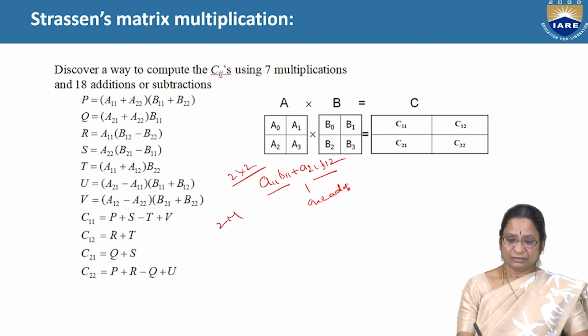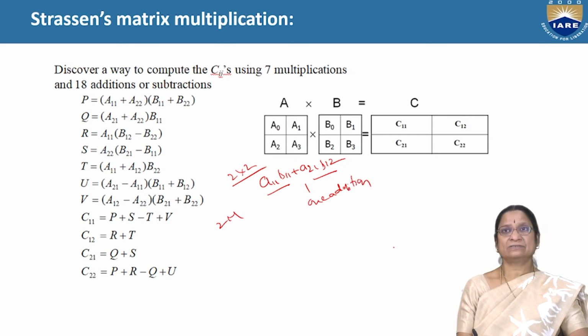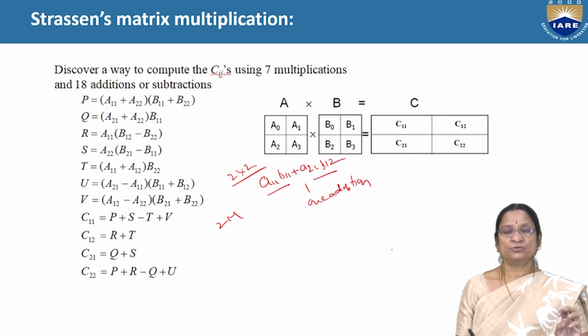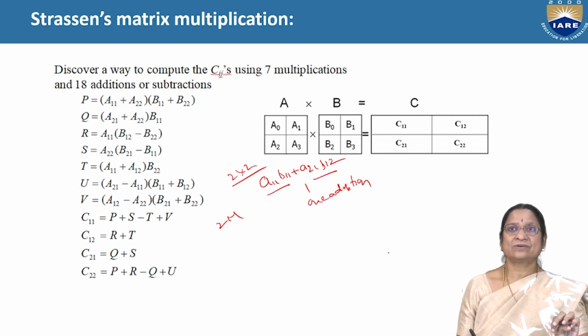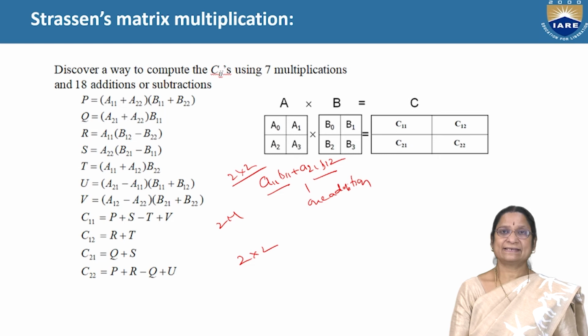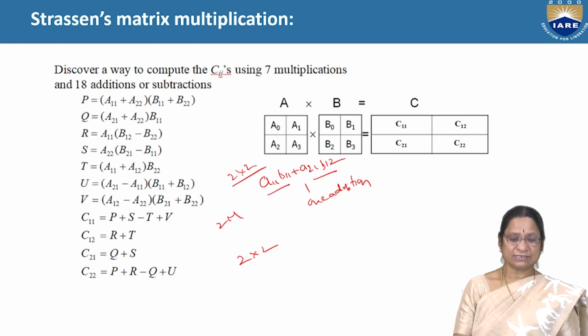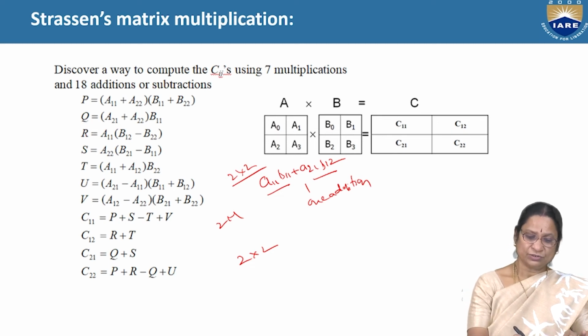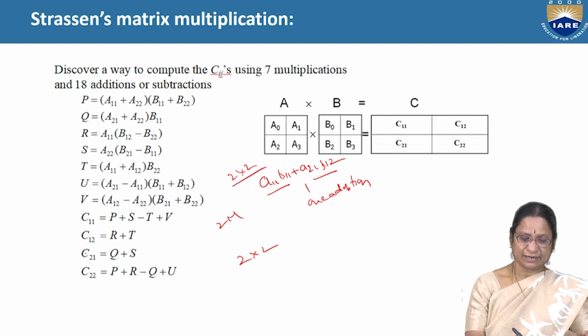Similarly, based upon this concept, Strassen proposed some equations. Totally, 11 equations were proposed by Strassen for multiplying matrices of order 2 by 2, the base size only that we are considering. So what are these equations? 1, 2, 3, 4, 5, 6, 7, 8, 9, 10, 11.